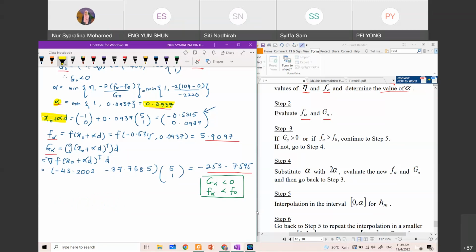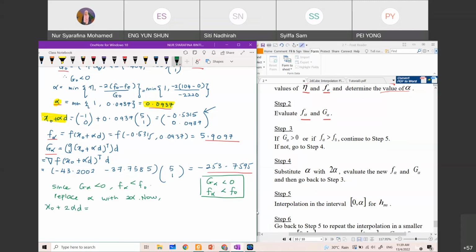Now, since g alpha is less than 0 and f alpha is less than f naught, we need to replace alpha with 2 alpha. So now your x naught plus 2 alpha d.